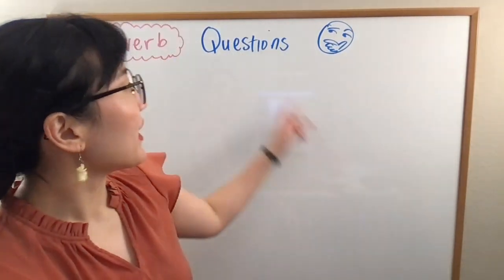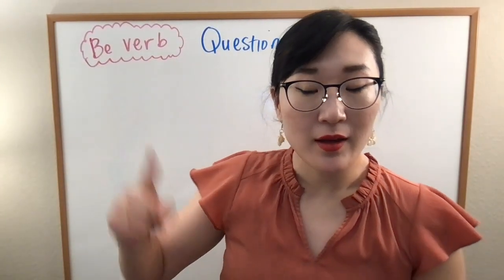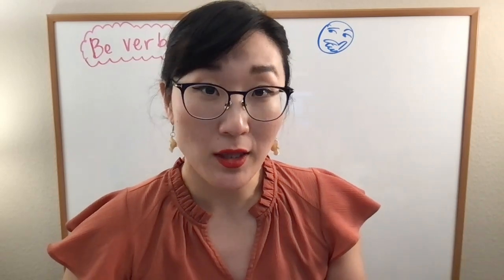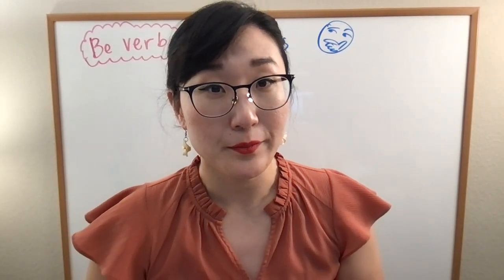Today, let's look at how we ask questions with this be verb. There are two types of questions. We will practice writing questions and understand the grammar of how to use them.